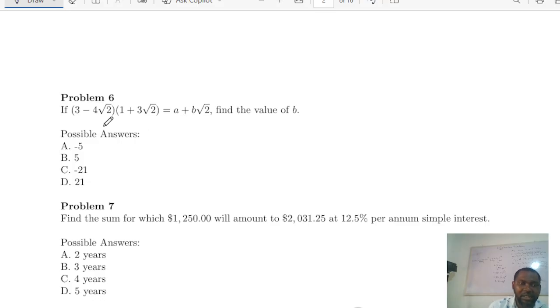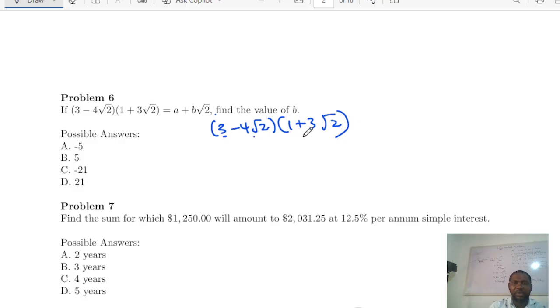This one says, this is a short question, if (3 minus 4 root 2) times (1 plus 3 root 2) is equal to a plus b root 2, find the value of b. Okay, this is quite easy. What they simply want us to do is to open this bracket. Opening the bracket means this multiplies everything here and this multiplies everything here.